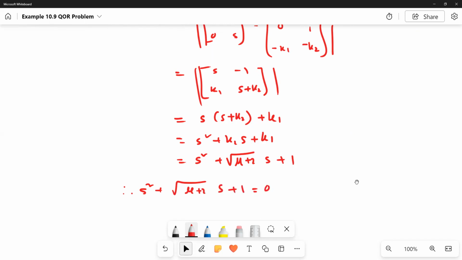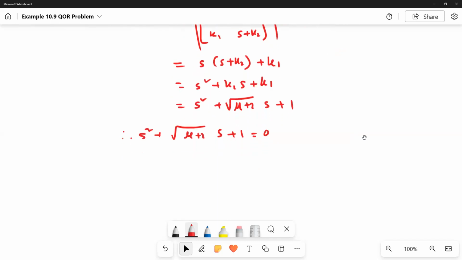Now this will give us two roots. As you know, we have a choice of mu, so you can have any value greater than or equal to 0. Arbitrarily, say mu equal to 1, then it becomes s square plus square root of 3 s plus 1 equal to 0.